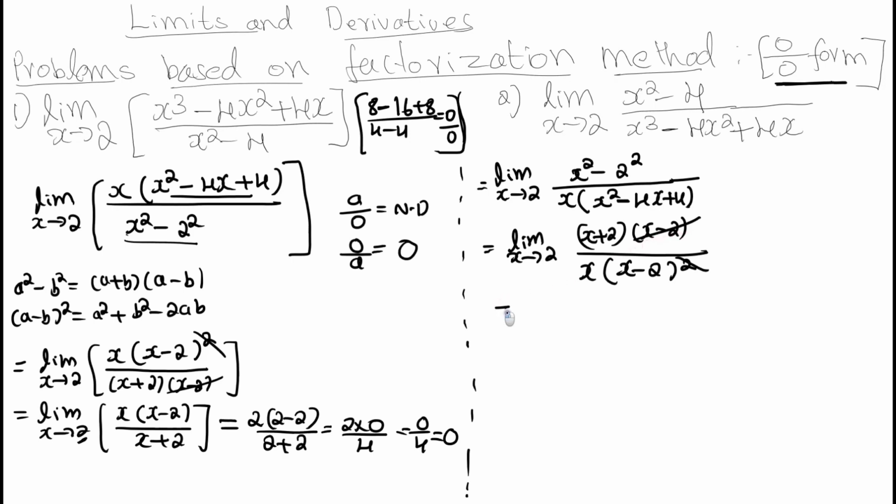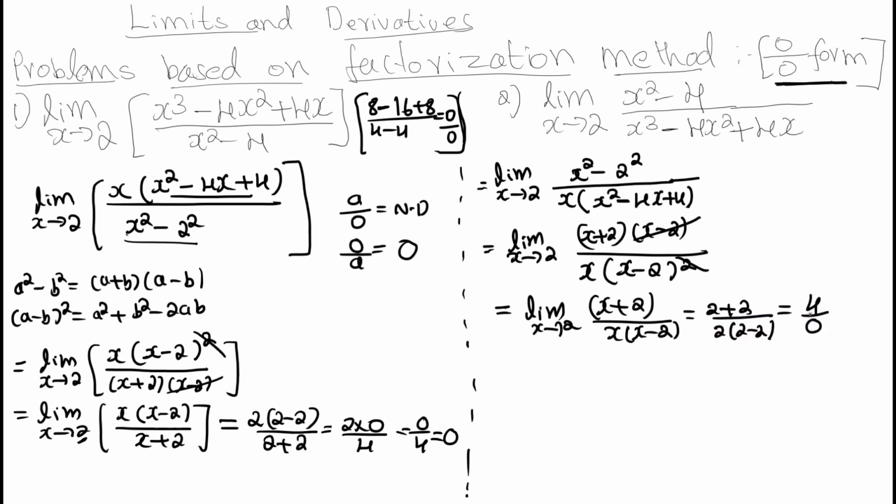So the remaining thing is limit x tending to 2 of x plus 2 divided by x into x minus 2. Now take x value equal to 2, so that 2 plus 2 divided by 2 into 2 minus 2. So it is 4 by, 2 minus 2 is 0, 0 into 2 is 0.